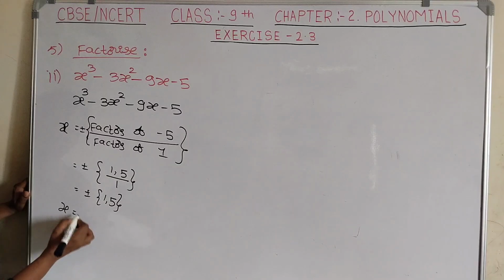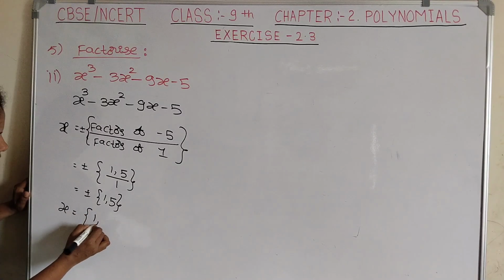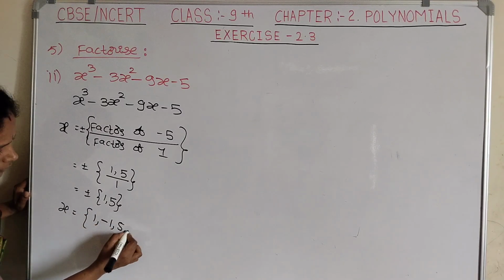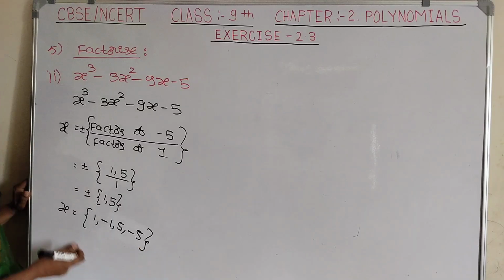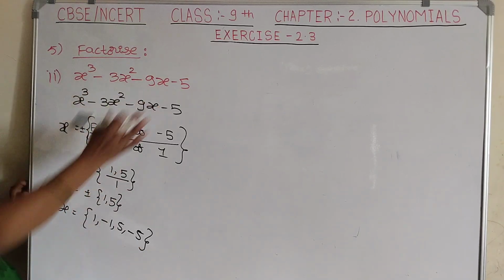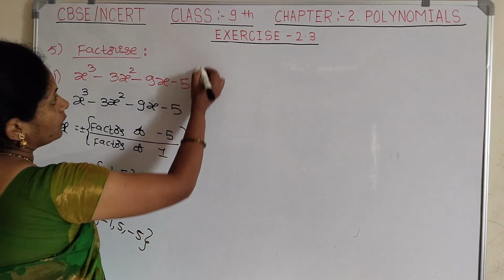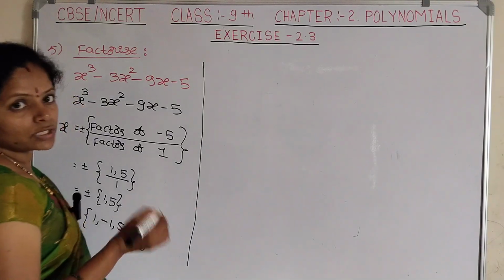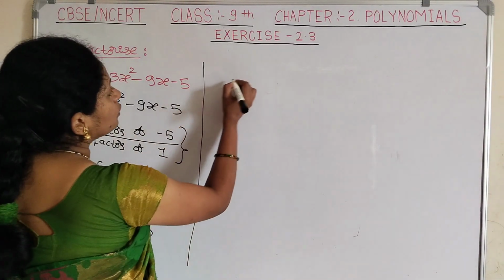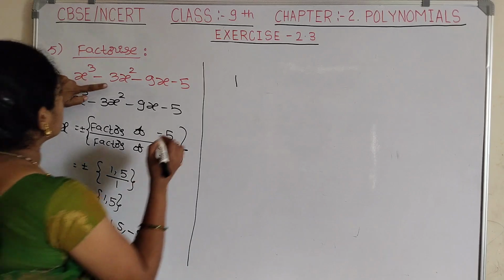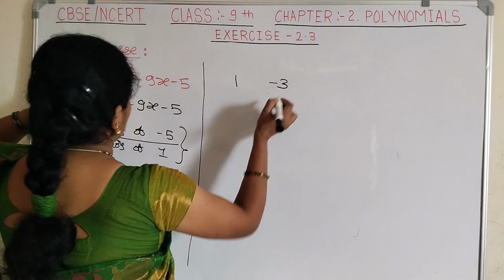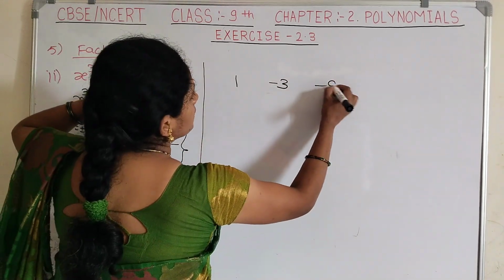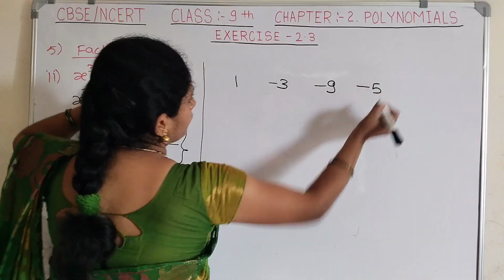X is equal to, we can write plus 1, minus 1, plus 5, minus 5. Out of these 4, some can be the factors of this polynomial. We are going to follow the same procedure for the rational root theorem. Write down the coefficients 1, minus 3, minus 9, minus 5.